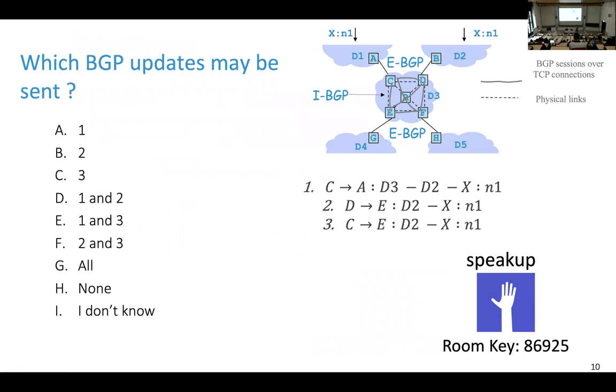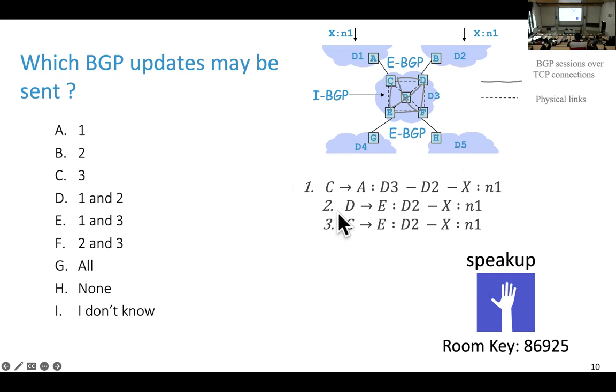Let's go through a more sophisticated example question. Here is the same setting that we discussed, and I'm proposing three possible BGP updates, three possible BGP announcements. What's the syntax? The first one is an announcement that C sends to A. It's a path to network prefix N1, which goes through D3, D2, some X, and N1.